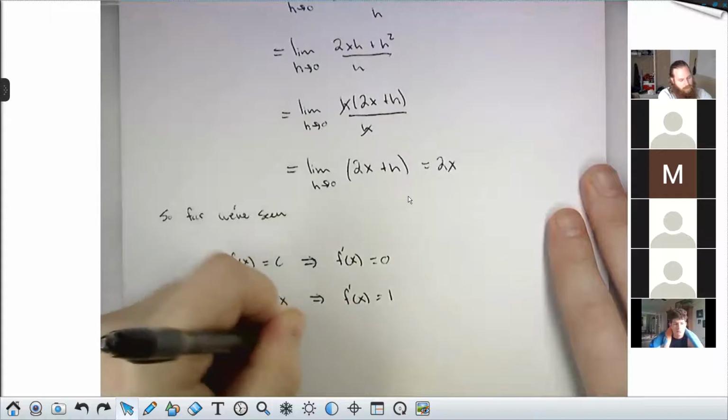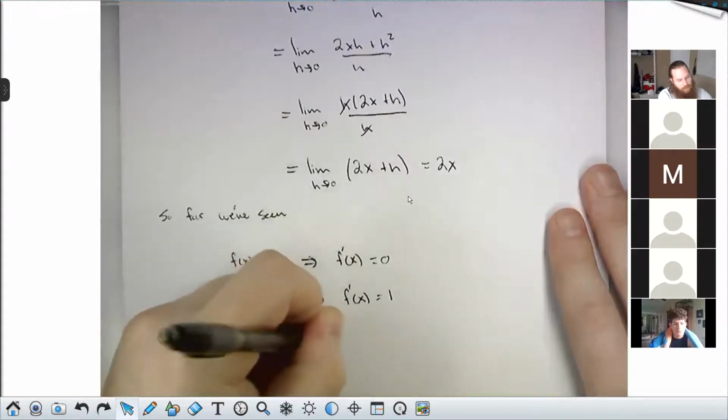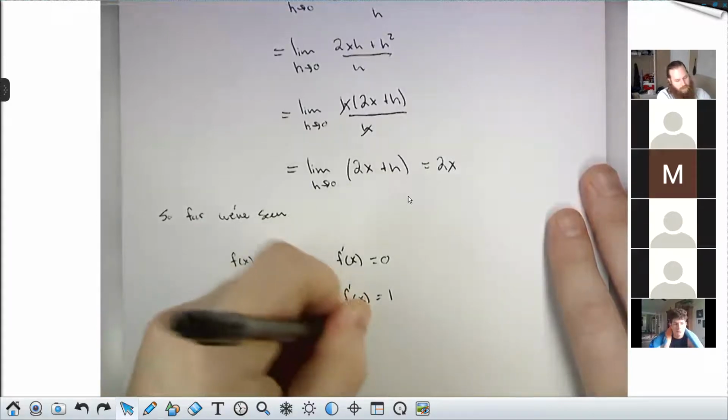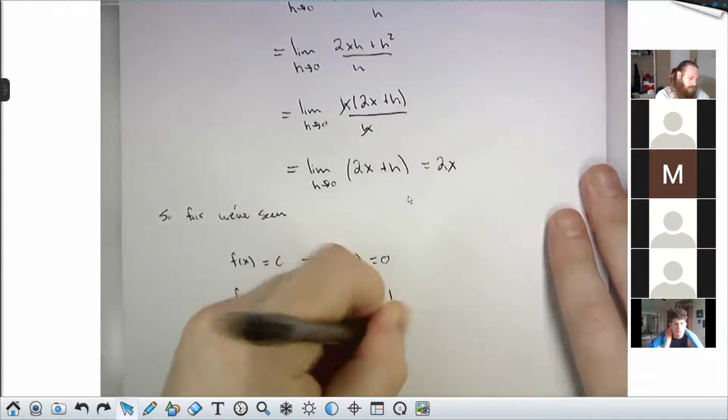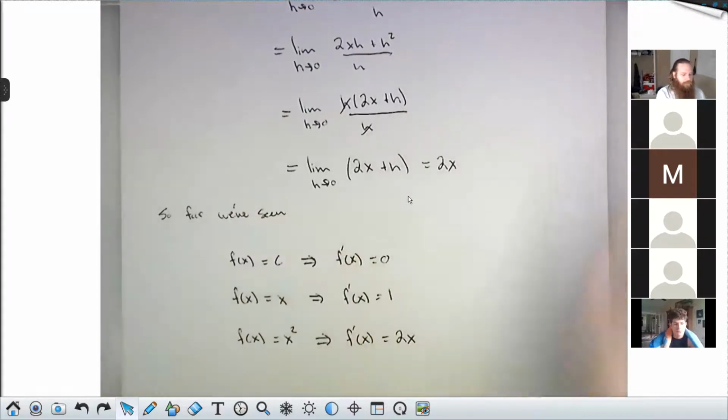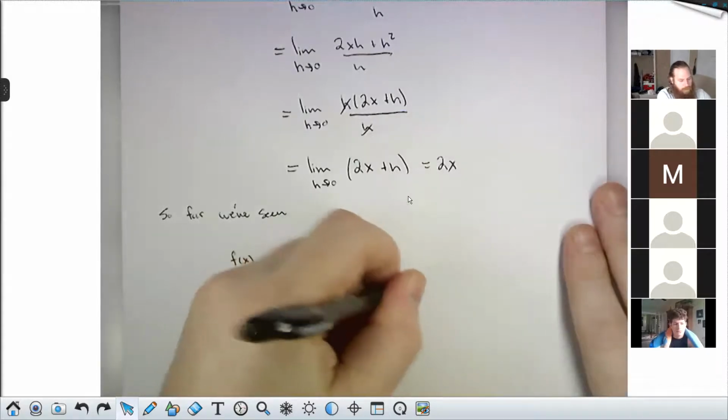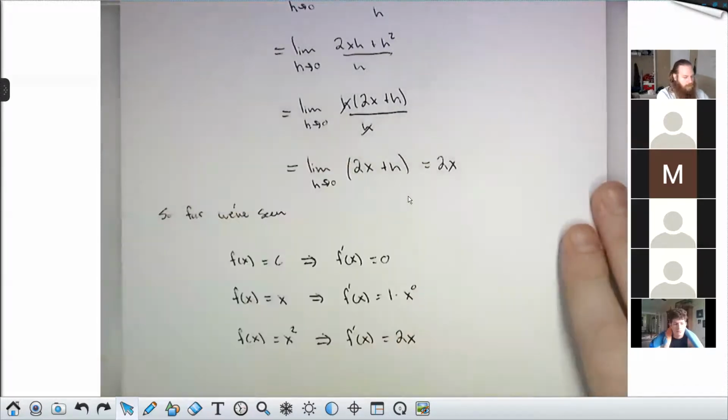The derivative of x squared is 2x. And you can think of this as 1 times x to the 0, right? So you start to notice a pattern.